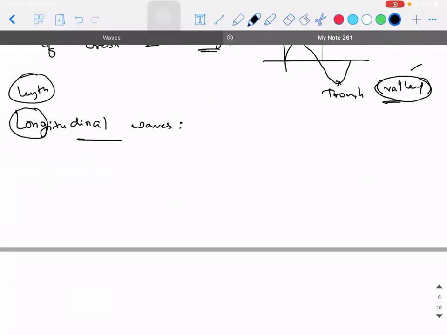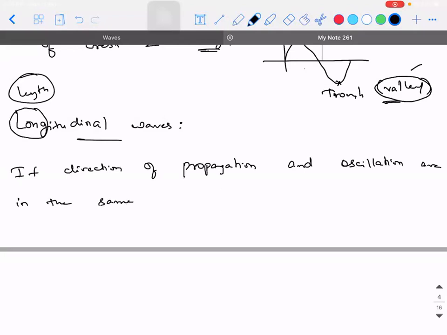Okay. That is, if the direction of propagation and oscillation are in the same direction, then we call it a longitudinal wave.